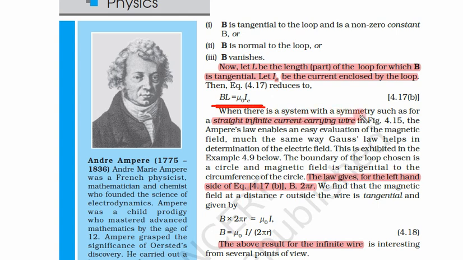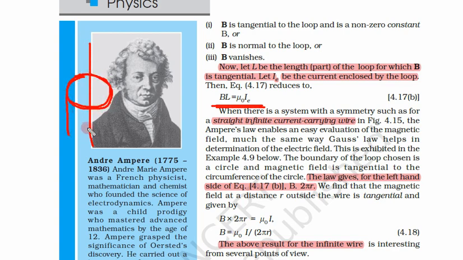When there is a system of symmetry, such as for a straight infinite current carrying wire, in figure 4.15 that we will see, the Ampere's law enables us an easy evaluation of the magnetic field. For a straight wire, the magnetic field will be like this, in a circular pattern around this straight wire.